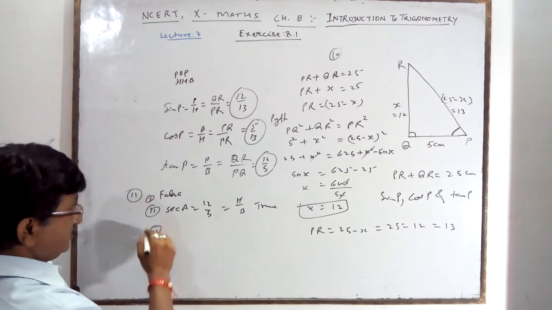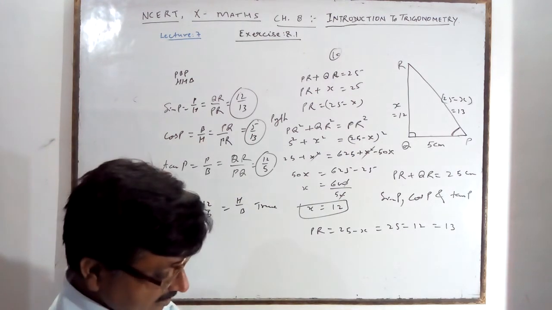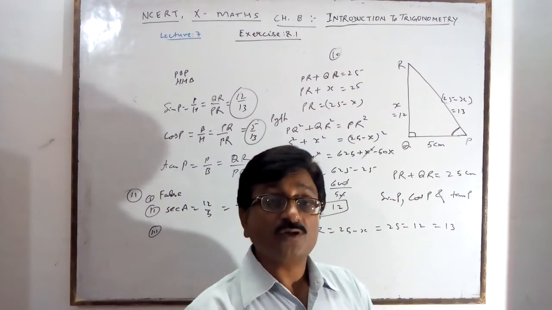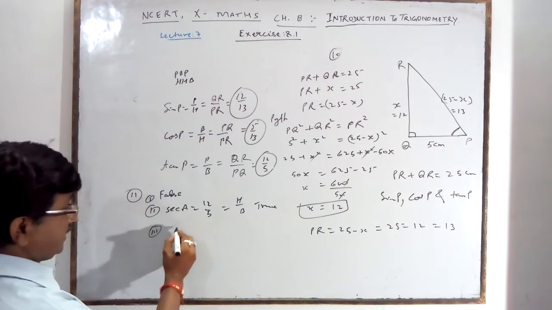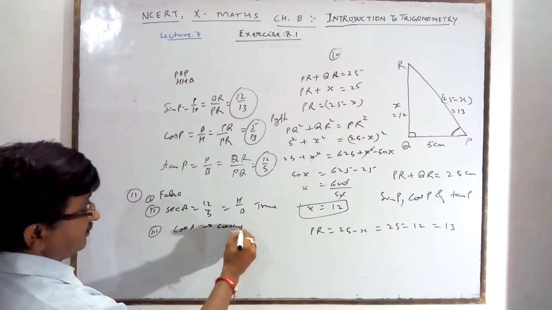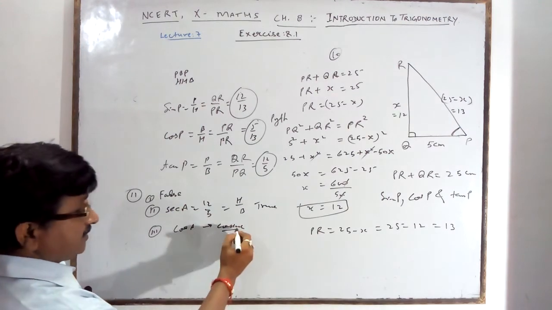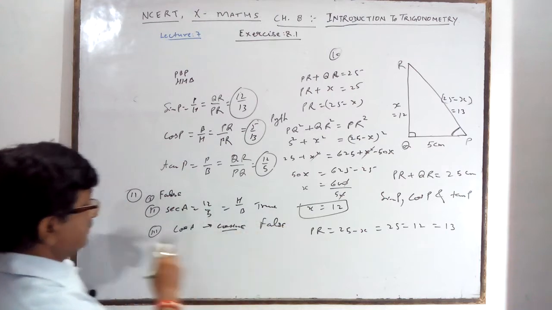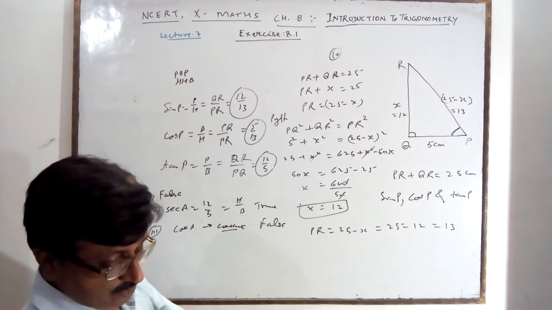Third part, what is given? Cos A is the abbreviation used for cosecant. No, cos A is not for the cosecant. Cos A means cosine, not the cosecant. Cosecant is cosec, so it is also false. Third part is false. What is the fourth one?